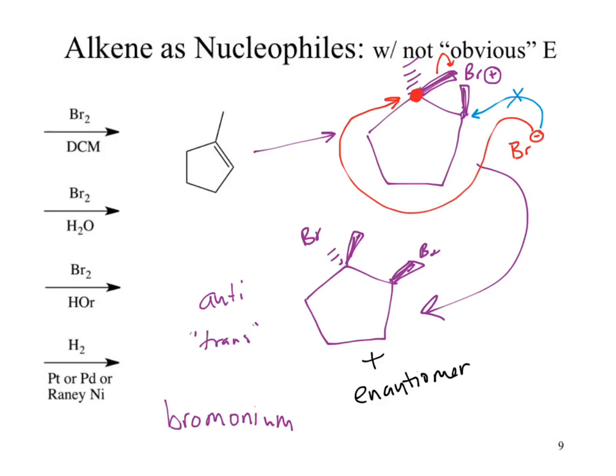Okay. But what happened in the second step? We're saying the leftover bromide attacked. That bromide is acting as? Is it possible to generate a different nucleophile?